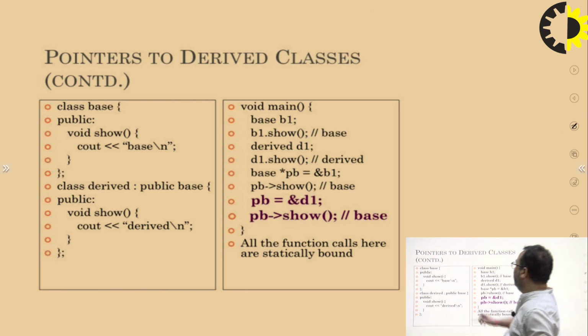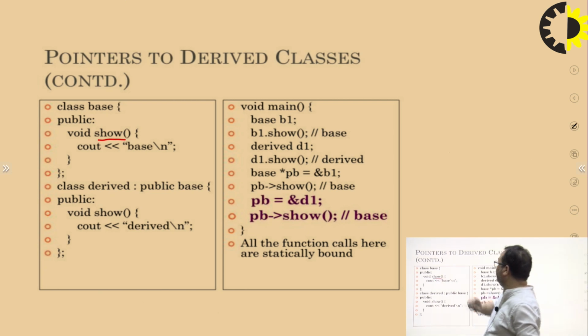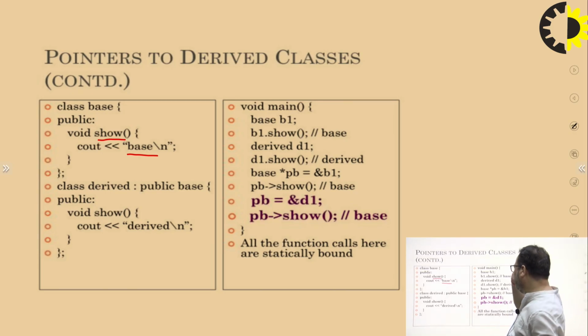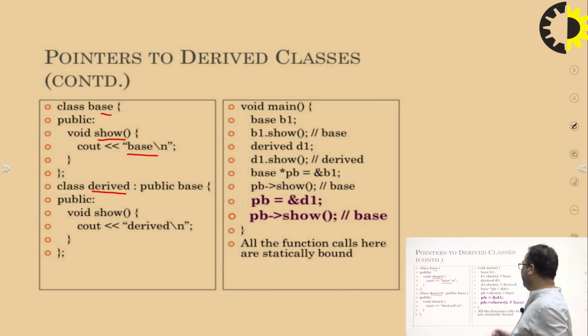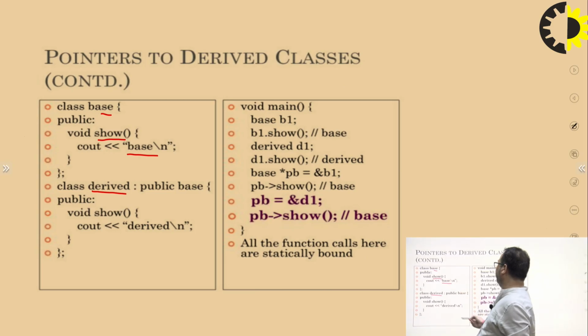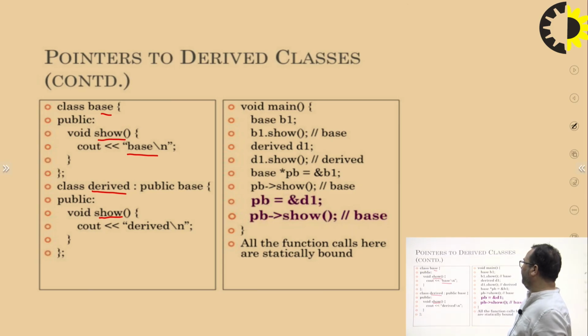Suppose we have a base class with a show function, which has just a single line printing base. Next is a derived class named derived, inheriting the base class using the colon. This derived class has the same function, show, with the code printing derived.